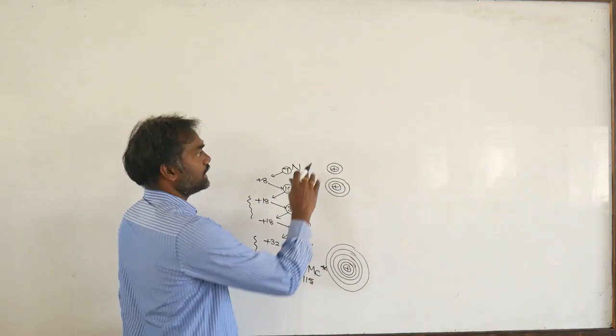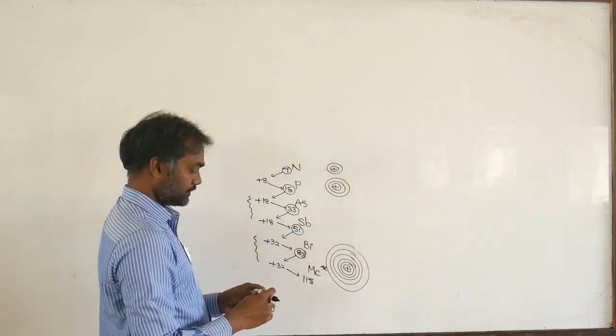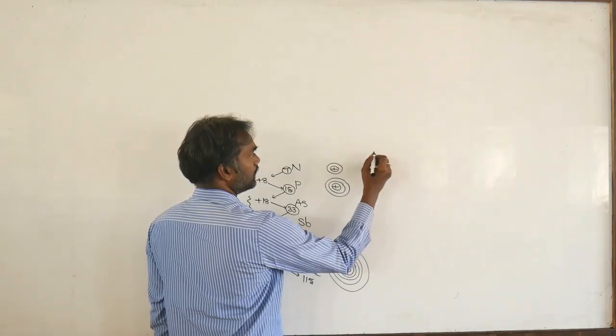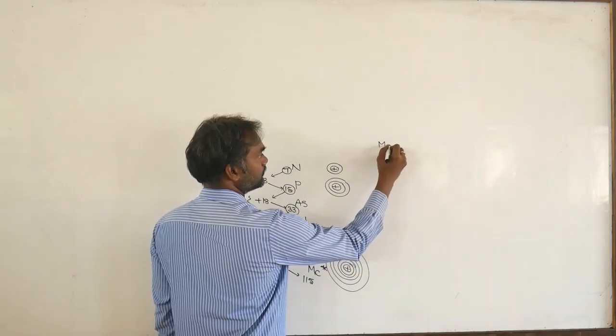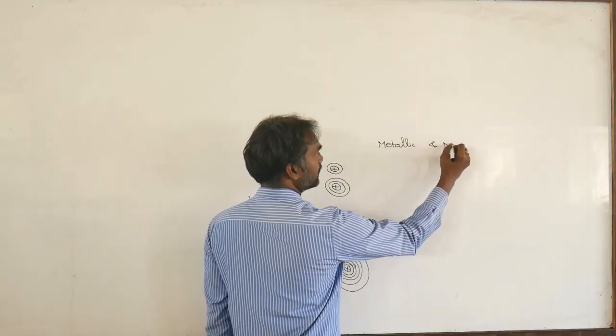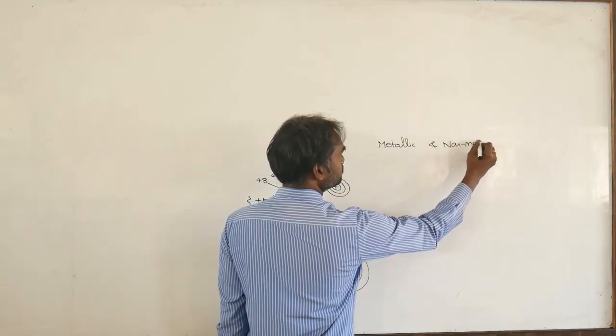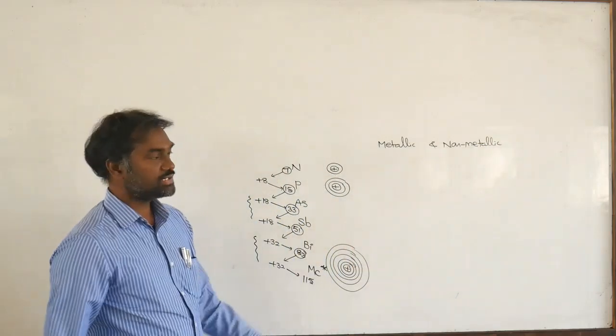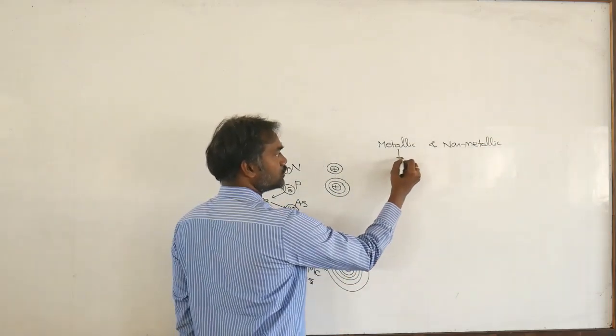So next, you take metallic nature, metallic and non-metallic nature. See, metallic nature means what? Tendency to lose electrons.